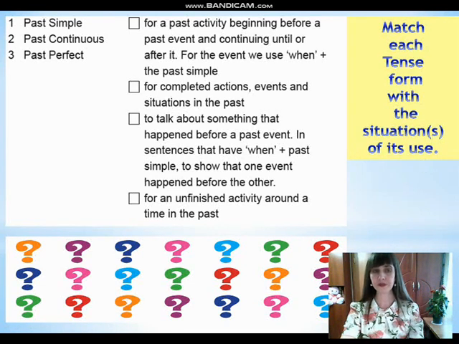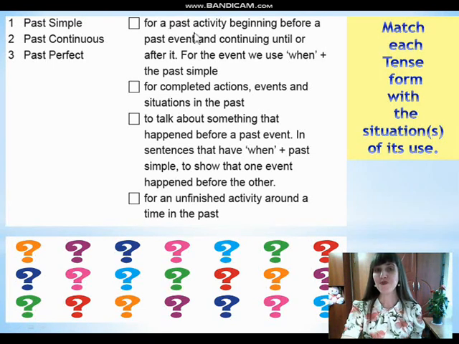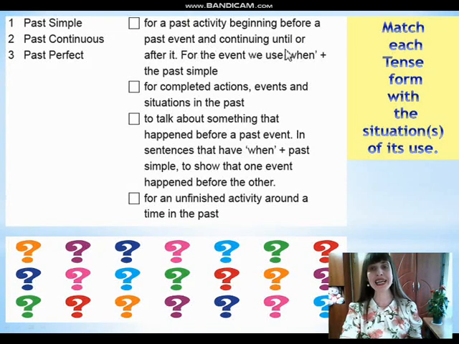Let's have a look. We have 3 grammar tenses and 1, 2, 3, 4 situations of the use. Okay? So, the first one, we should match, okay? For a past activity beginning before a past event and continuing until or after it.